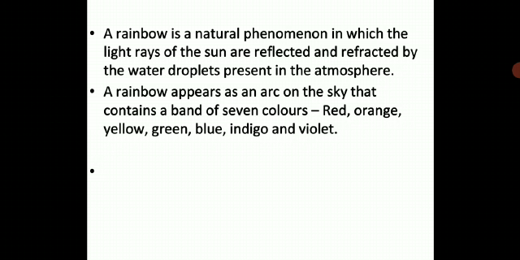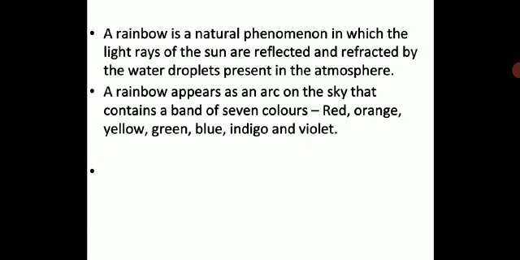Reflection is just the bouncing back of light rays. After falling on a surface, the light changes its direction. That is reflection. But what is refraction? Refraction is the bending of light rays when passing from one medium to another medium.